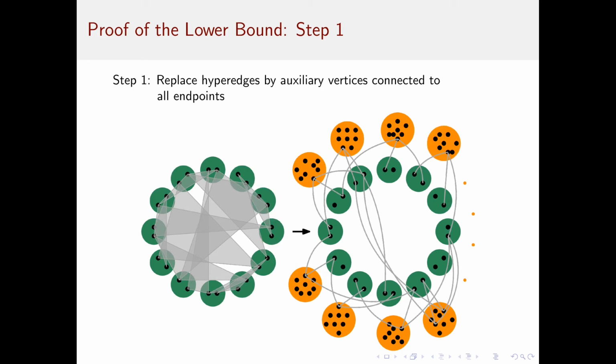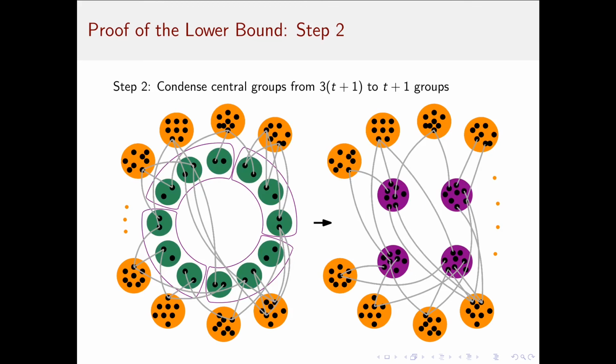We've just gone from a hyperclique instance to a subgraph isomorphism instance, but the treewidth of the pattern graph of this new subgraph isomorphism instance is actually still quite large, and in step 2, we're going to make that smaller. To do that, we're going to condense these vertex groups in the middle. We begin by dividing these vertex groups into sets of 3.